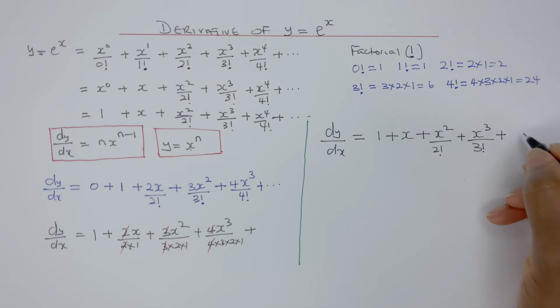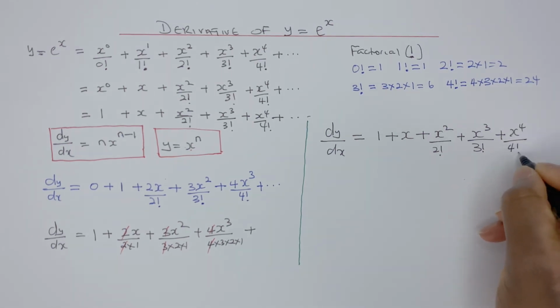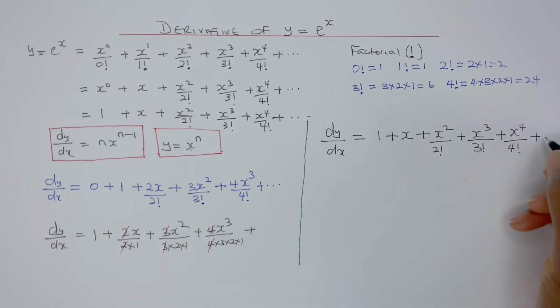Plus, you can see what the next term will be, x to the power 4 over 4 factorial. Plus, and it goes on.